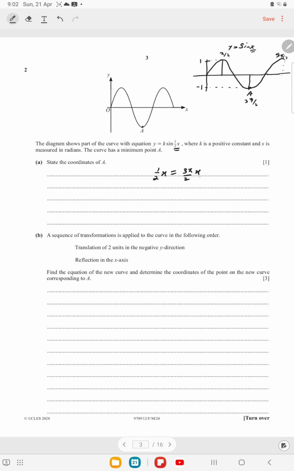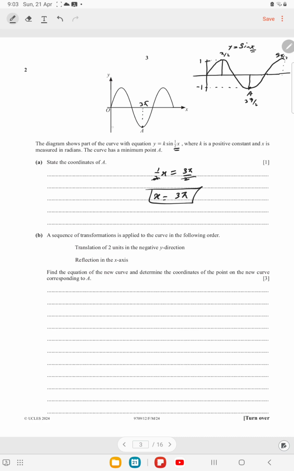We have to find the x coordinate only. The 2 will be cancelled on either side. So for x we find 3 pi. The x coordinate of this A will be 3 pi.